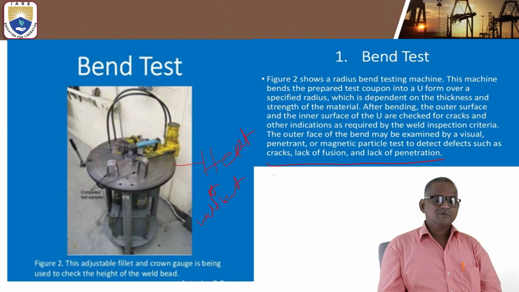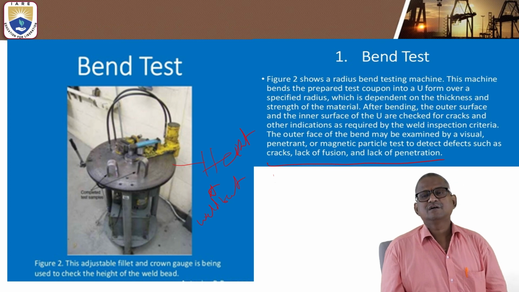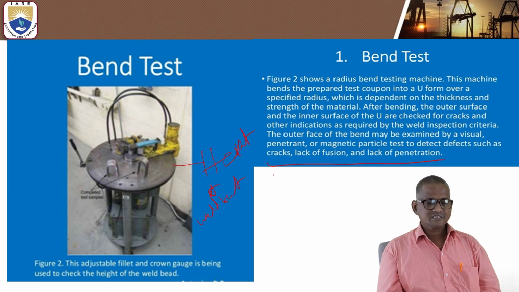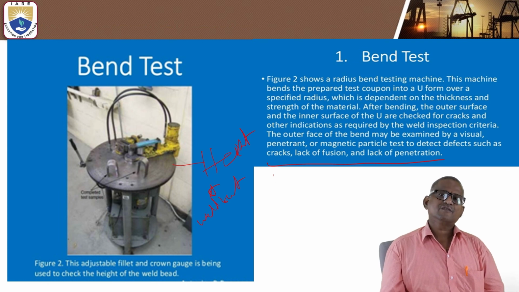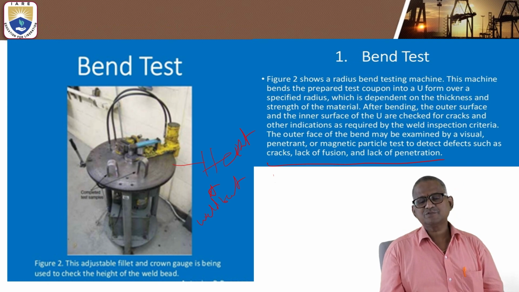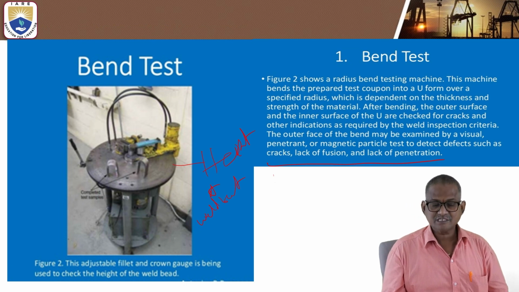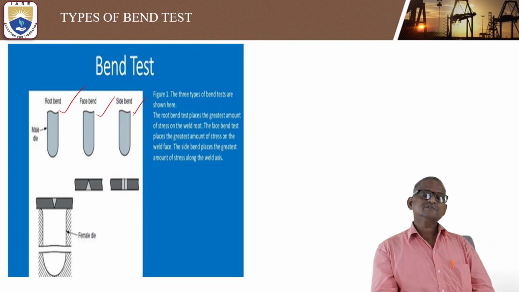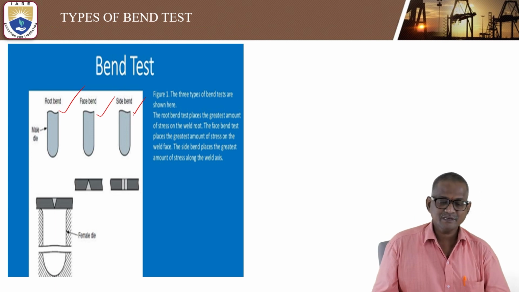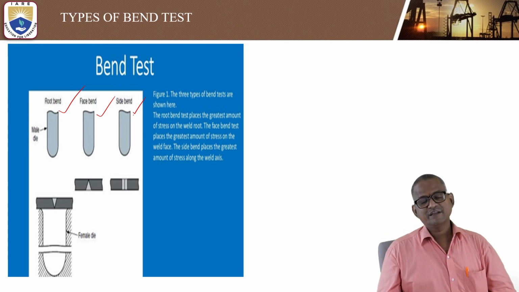I hope this covers the destructive testing of various welding techniques. After performing the welding, you are supposed to conduct the bend test on three parameters: root bend, face bend, and side bend, and the final setup can also be performed on a welded joint.